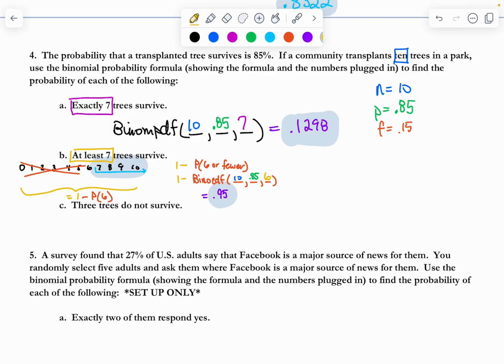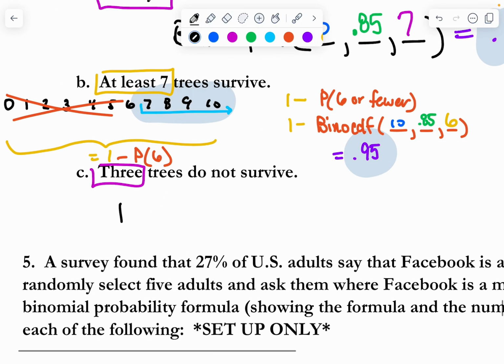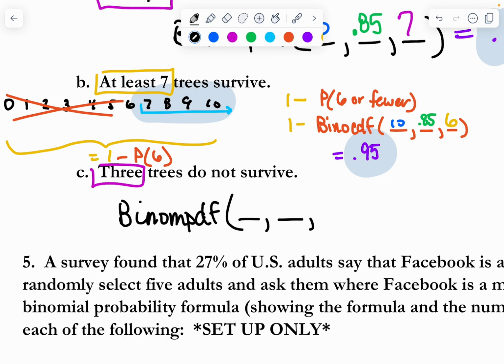Okay, so on the last one, find the probability that 3, so that's an exact number, so PDF, that 3 trees do not survive. So the wording of this one is different. What we want, a success in this case, is that they do not survive. Because it did ask for an exact number, we're going to use binom PDF, and we're going to have the 3 blanks.